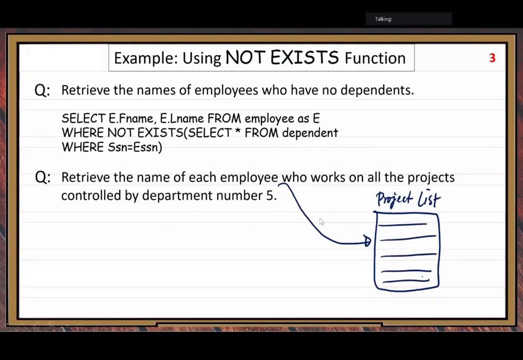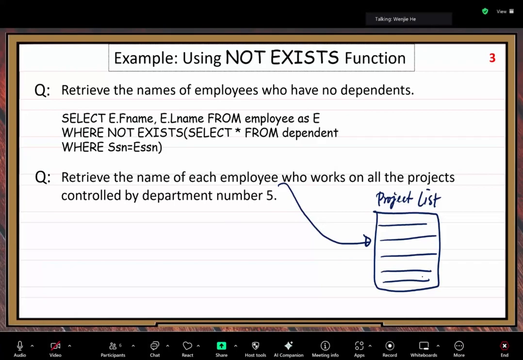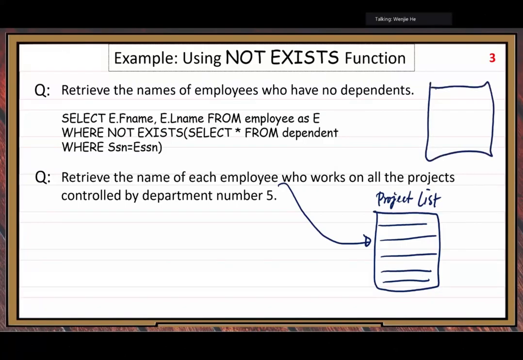And this list works on all the projects controlled by Department 5. We know Department 5 controls a certain number of projects, right? So let me write it here. Another list, this project list, is controlled by Department 5.